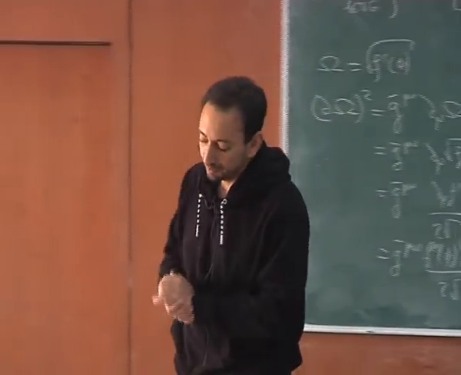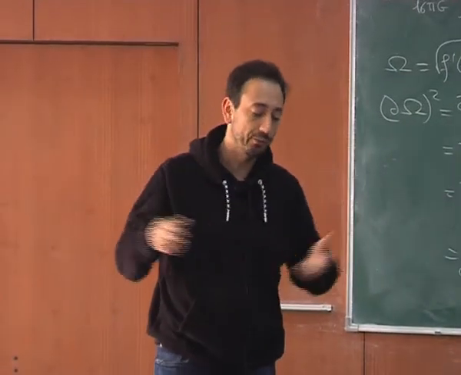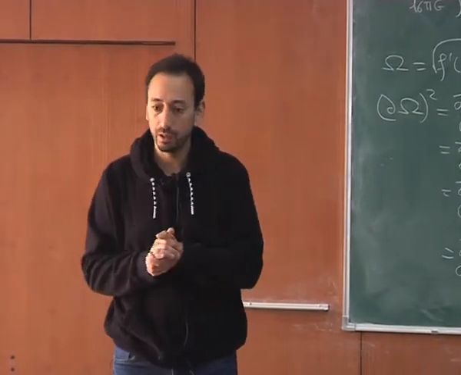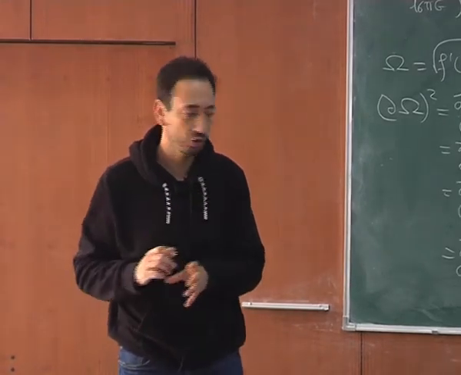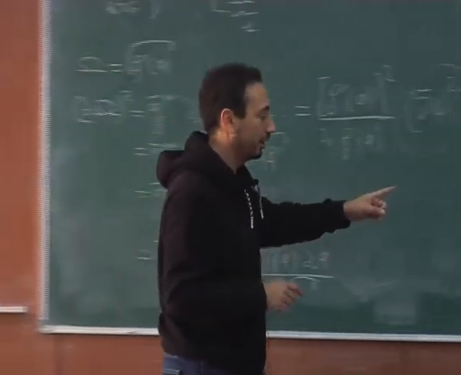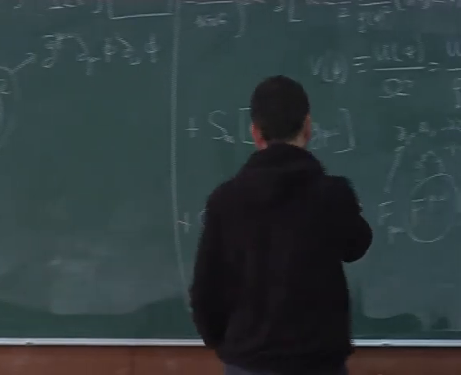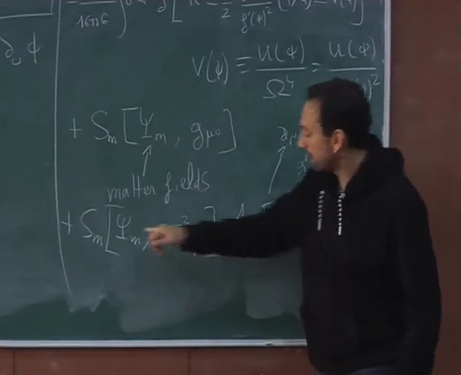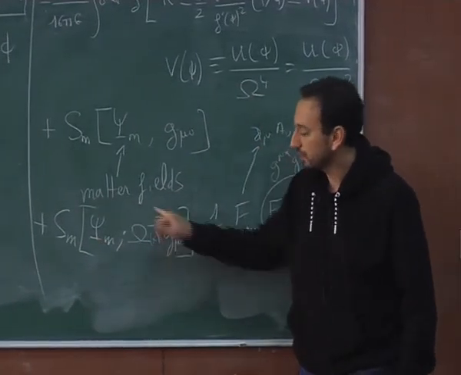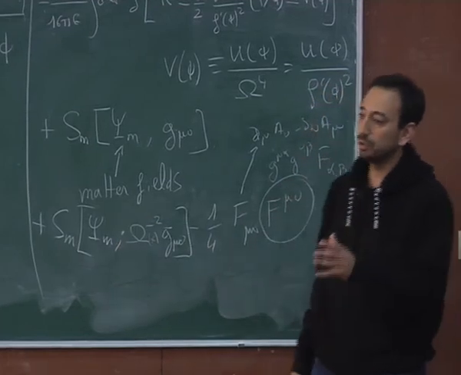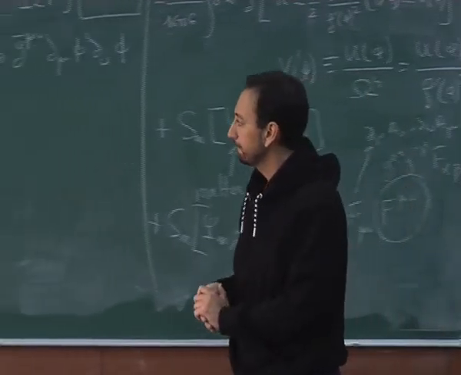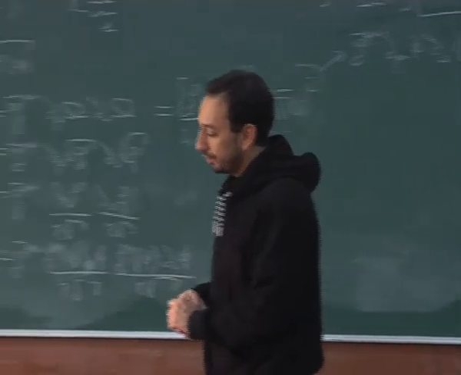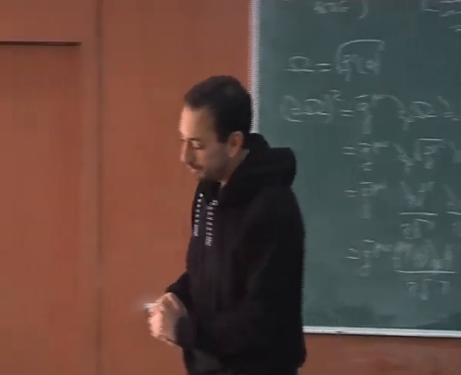I will write it as what we call a fifth force. But the crucial thing when you do this transformation, this rescaling, is to take into account that now the matter field is coupled to the scalar field. It's not coupled only to the geometry. So this is called the Einstein frame, not the Jordan frame, sorry.